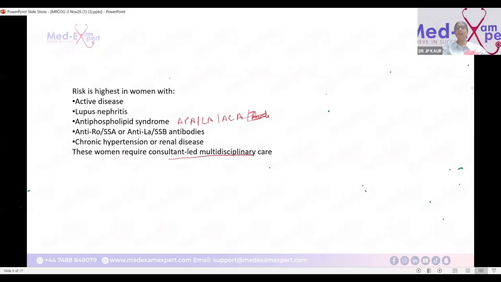You have to make it clear to the woman that because of these antibodies, we know that the risk to the baby is higher in your case. You have to explain to her that she will need extra monitoring and extra heart scans of the baby. So this is how you become a safe doctor. When you know some subject, you need to highlight the points which will keep you selectively above the others.